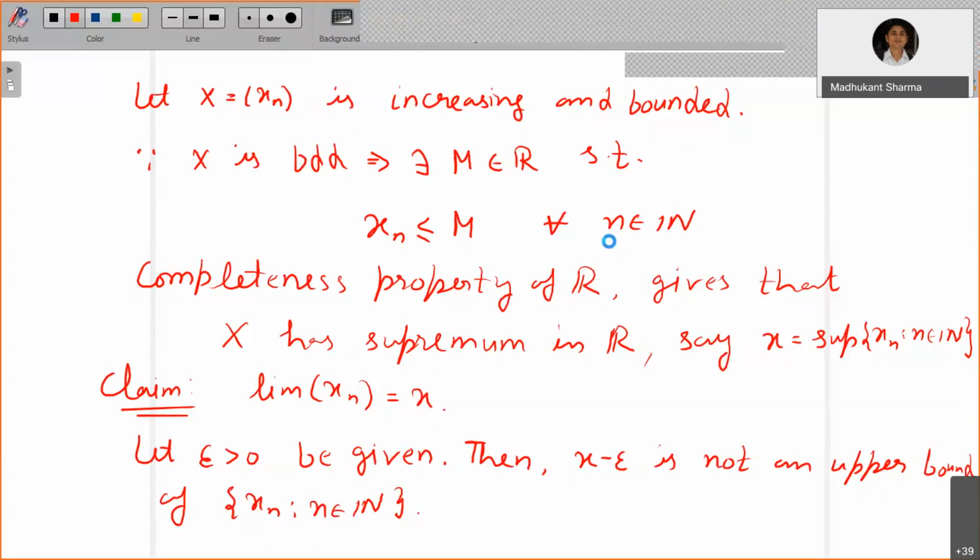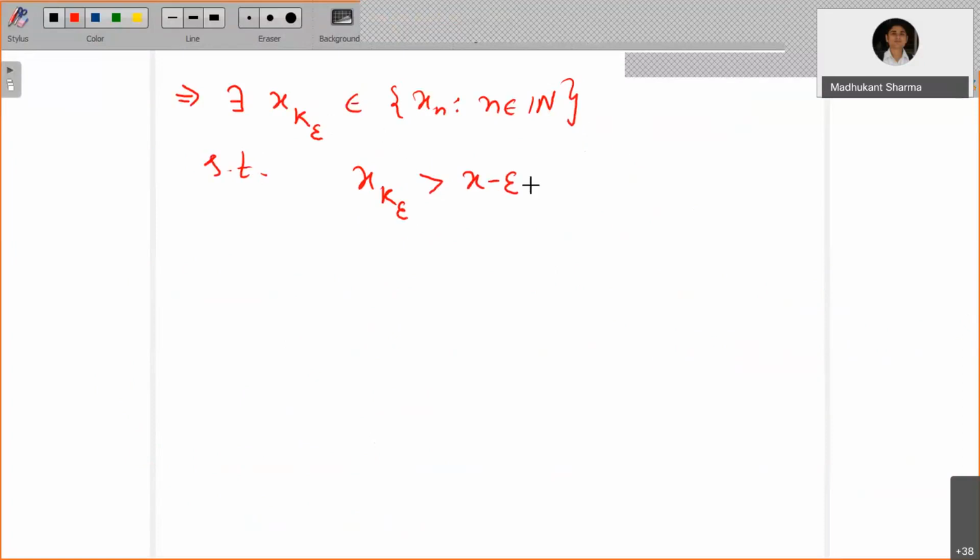Okay. So X minus epsilon is not an upper bound. What does it mean that it's not an upper bound? This implies there certainly exists a member xk, and it certainly depends on epsilon, in the set xn such that n belongs to the natural numbers, such that xk(epsilon) is greater than X minus epsilon.